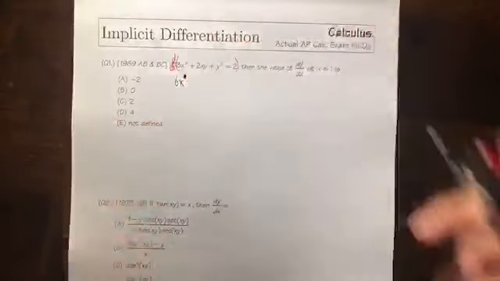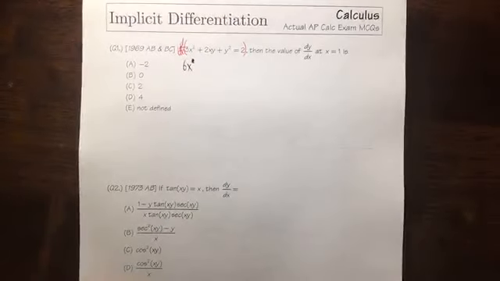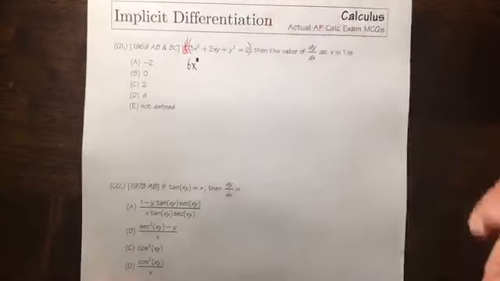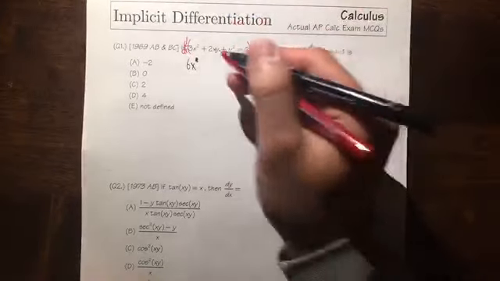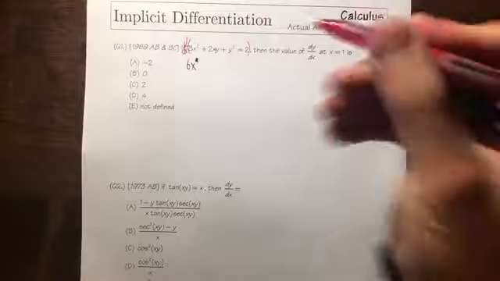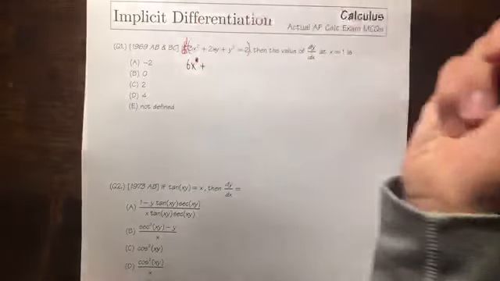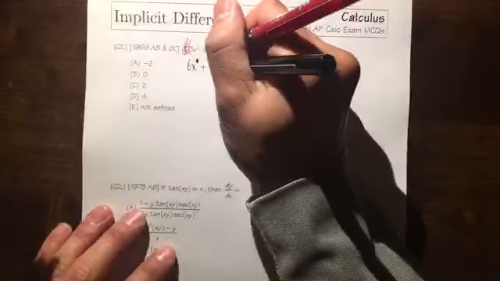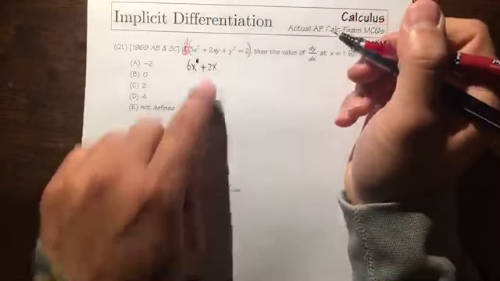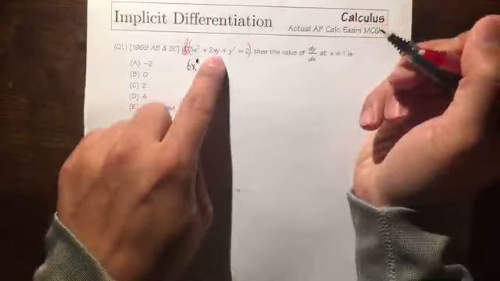Then for the next one, it's 2xy, and we have to use the product rule because 2x is a function of x and y is also a function of x. I keep the first function, 2x, and multiply by the derivative of the second function.